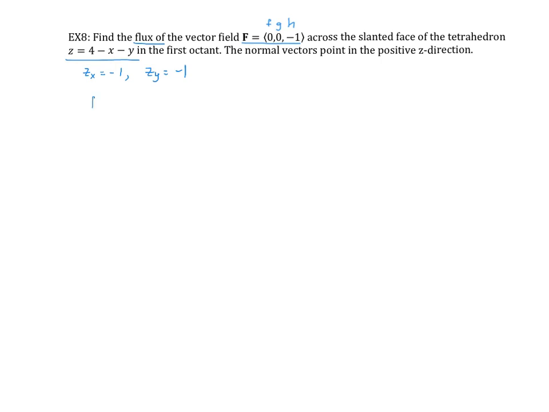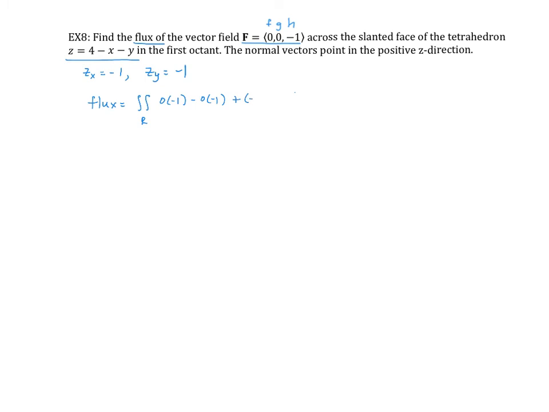So if I was to compute flux, I would want to do the double integral over my region of f, which is 0, times partial derivative with respect to x, which is negative 1. I'm going to write it out even though I know it's going to be 0. And then it's going to be minus 0 times negative 1. So that's 0.